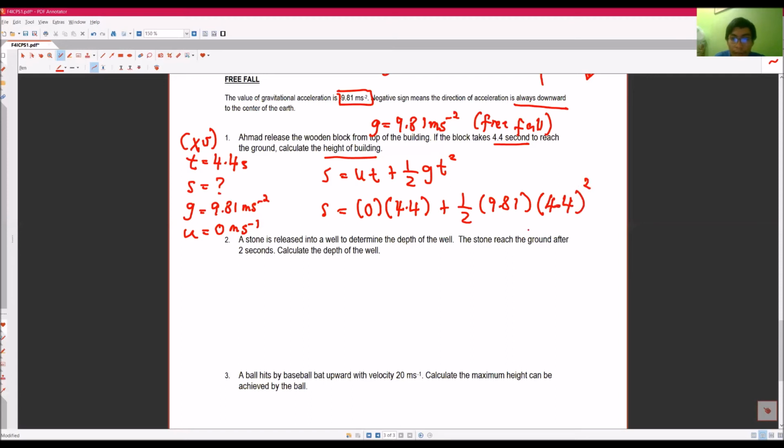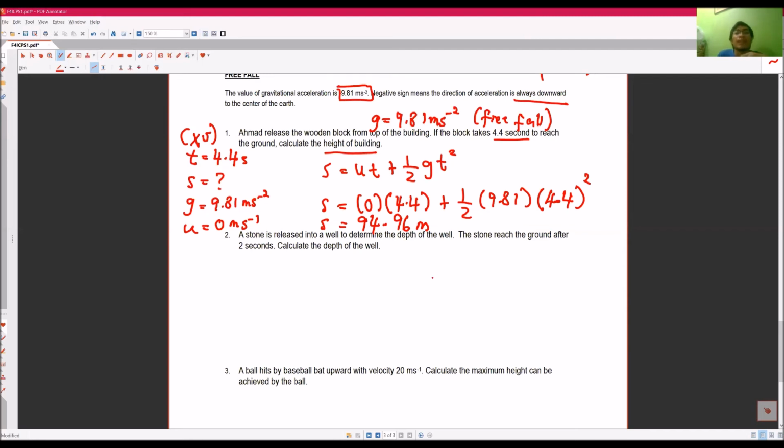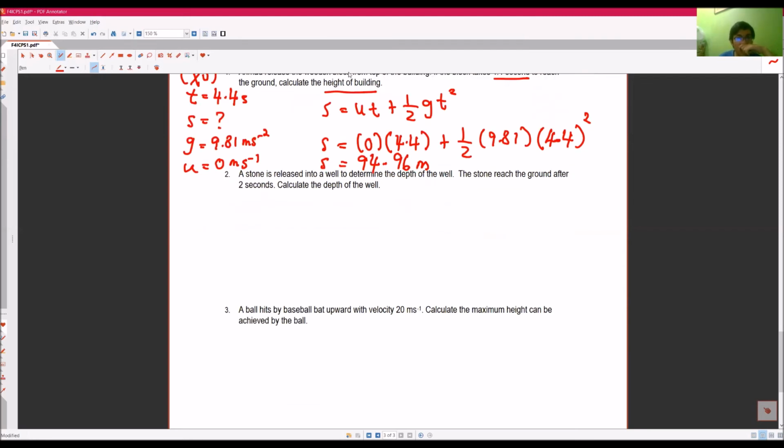Don't forget to put the square in the calculator. 0.5 times 9.81 times 4.4 square. Okay, 94.96 meters.